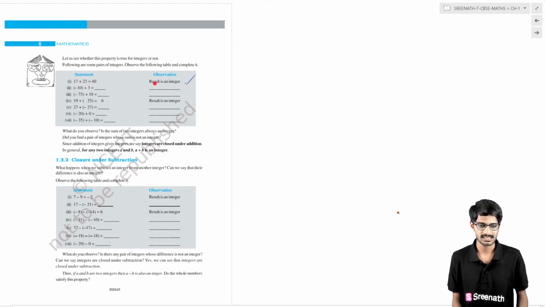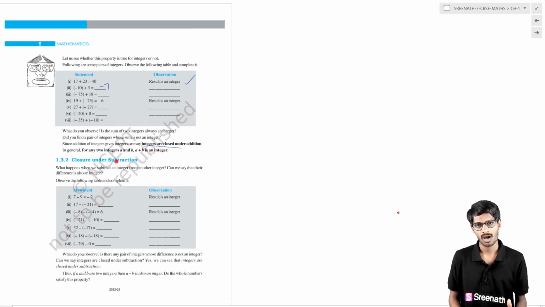So closure property is satisfied. Here there are some negative integers: -10 plus 3. What is the result? -7, which is also an integer. When we add two integers, we get a result which is also an integer. Hence closure property is satisfied under addition. So integers are closed under addition. We can call it in this way also: integers are closed under addition.